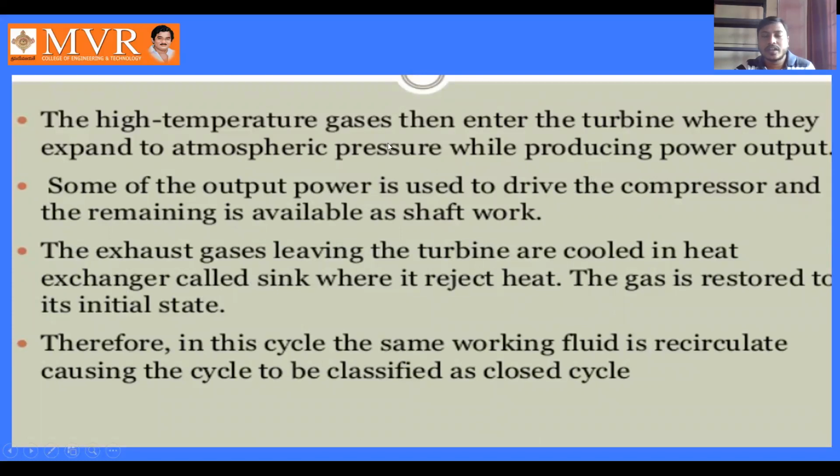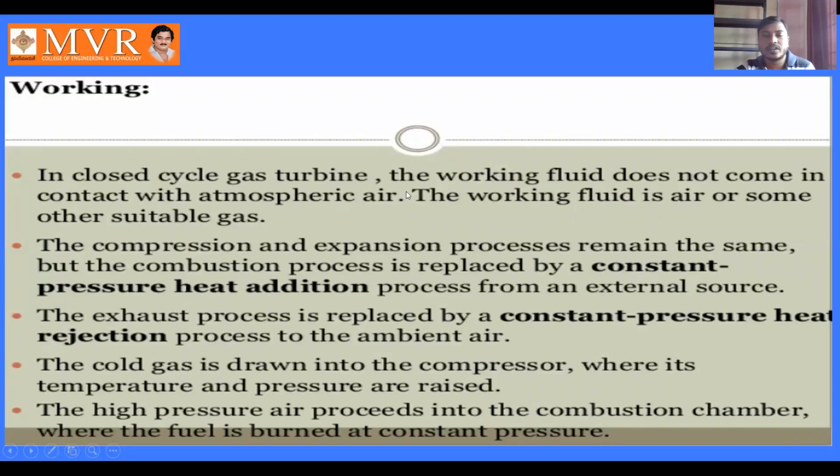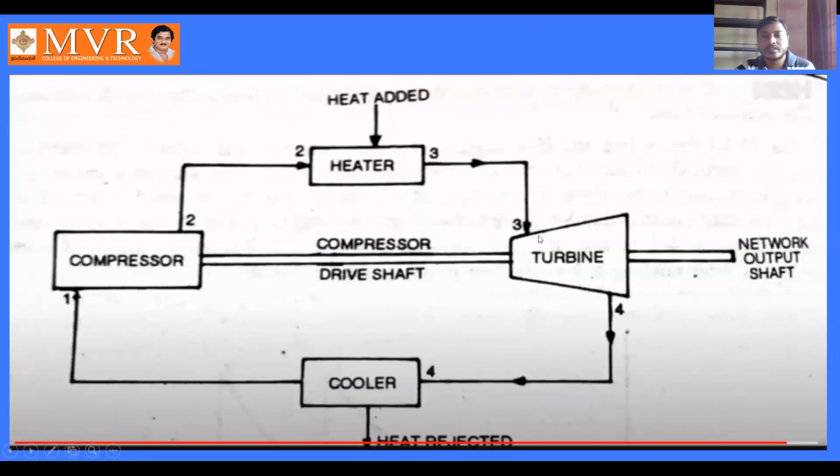The high pressure air enters the combustion chamber, where the combustion process takes place. This is a complete cyclic process which is not opened to the atmospheric air. It does not come in contact with the air, and the cycle is completed. The high temperature gases then enter the turbine, where they expand to atmospheric pressure while producing power output. Some work takes place here in the turbine.